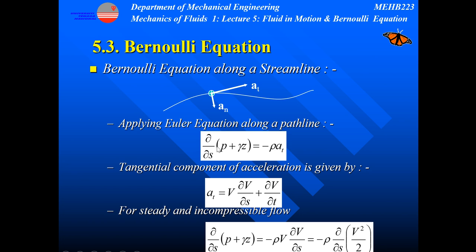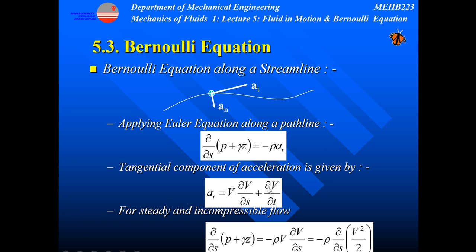So dl is now replaced with ds, and the acceleration in the L direction is replaced with the tangential acceleration. The tangential component of acceleration is given by the rate of change of the velocity with respect to space and also time.